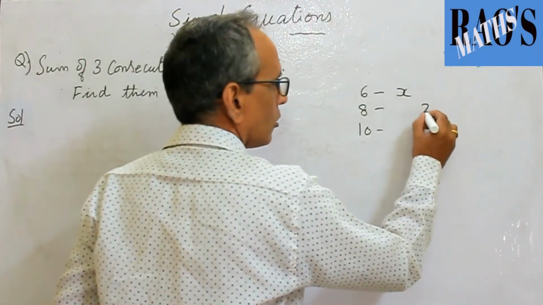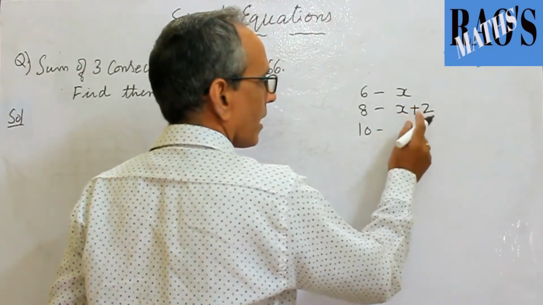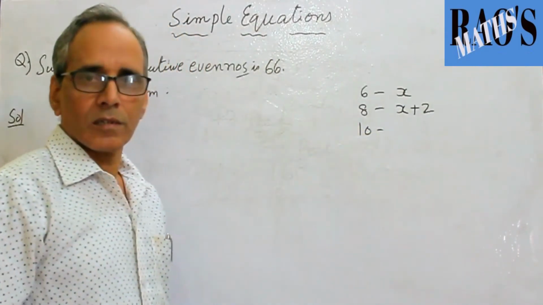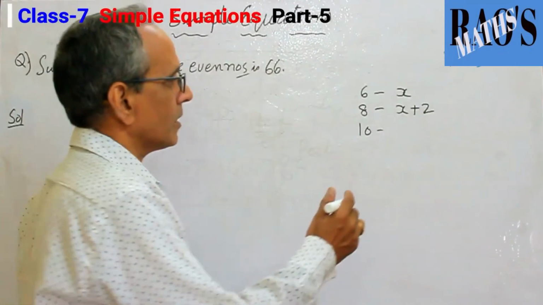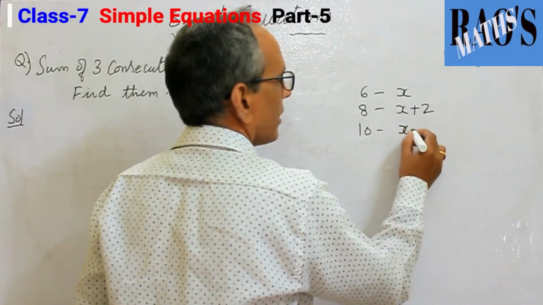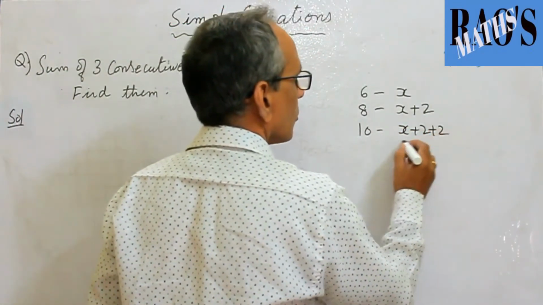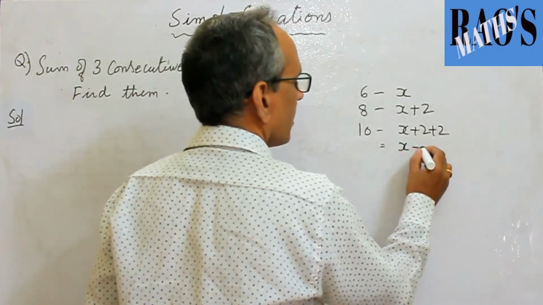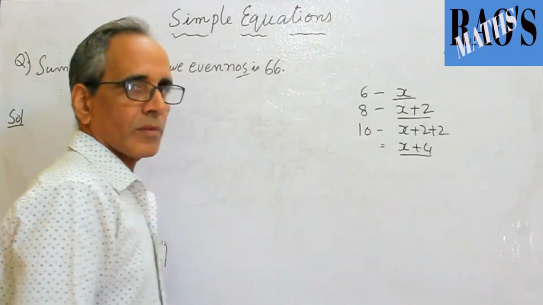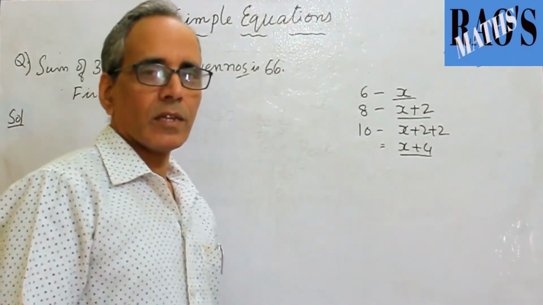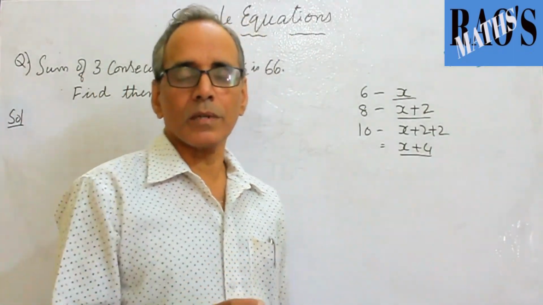So if I add 2 to x, I get the next consecutive number. If I add 2 to this, that is x plus 2 plus 2, that is x plus 4, the next consecutive. So this is the way we define consecutive even numbers.